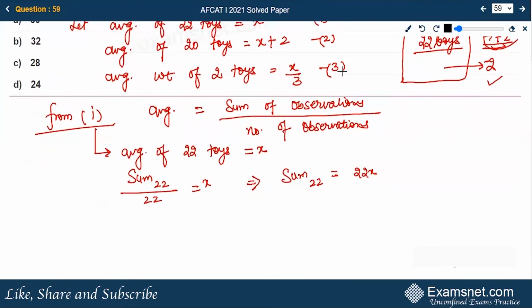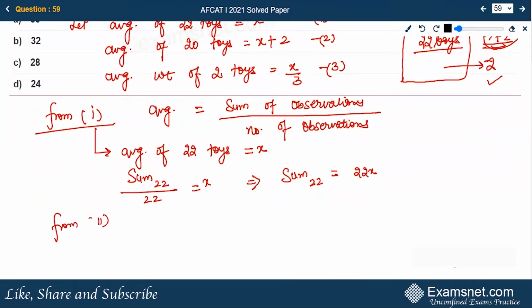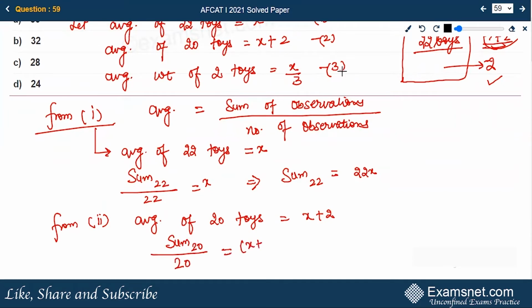Second situation, from 2, average of 20 toys is equal to x plus 2. That is, sum of weight of 20 toys divided by 20 is equal to x plus 2, which gives you sum of weight of 20 toys is equal to 20 into x plus 2.